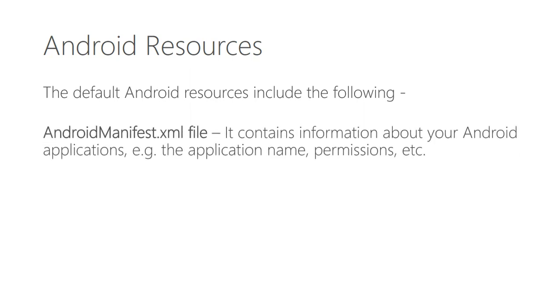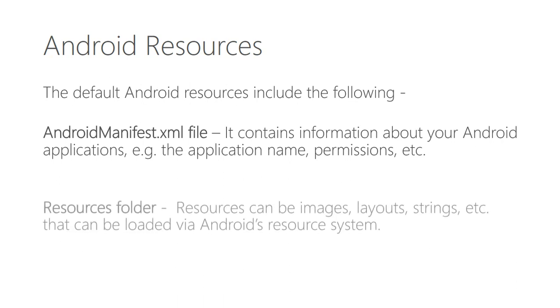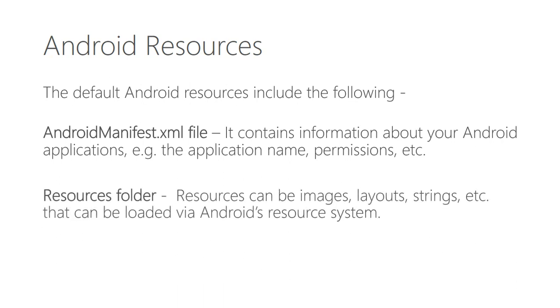AndroidManifest.xml file. It contains information about your Android application, for example the application name and permissions. Resources folder. Resources can be images, layouts, and strings that can be loaded via the Android resource system.